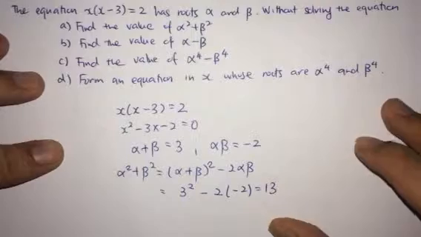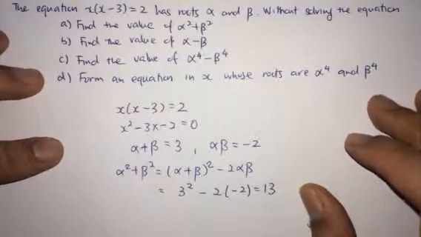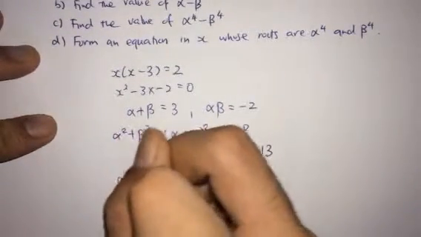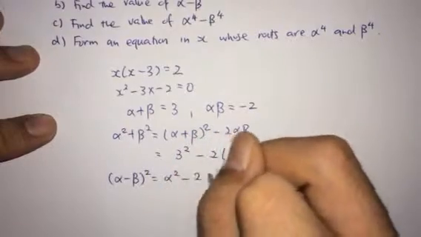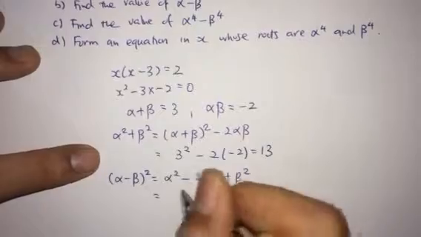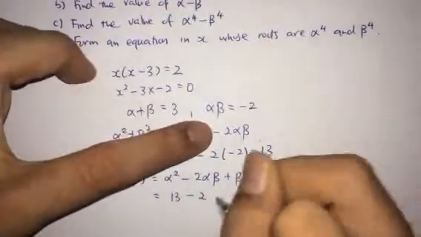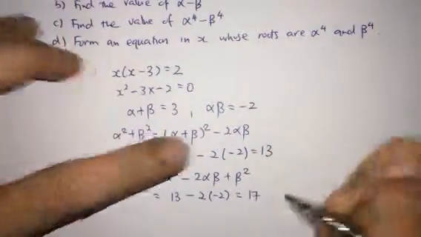Okay, alpha minus beta, I already illustrated how you find alpha minus beta in the previous example. So going through the motion again, we have alpha minus beta square equals alpha square minus 2 alpha beta plus beta square. So alpha square plus beta square is 13, minus 2 alpha beta will be plus 2, and this will give me 17.